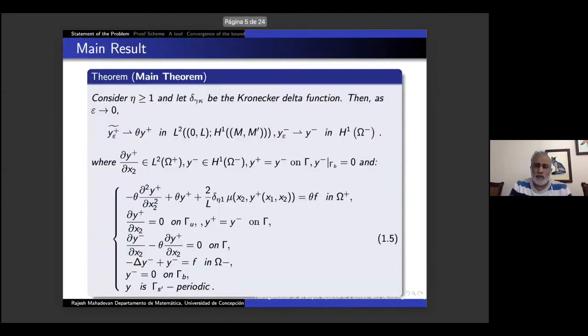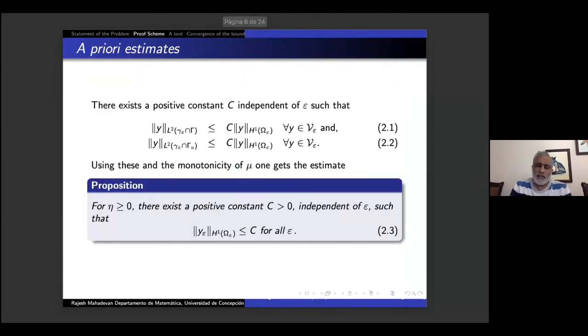So how do you prove such a result? To prove it, you need to begin by getting some a priori estimates, and then identify a suitable space where you can have some kind of convergence. It's important for this to have the following kind of Poincaré estimates on the oscillating boundary, which can be managed.